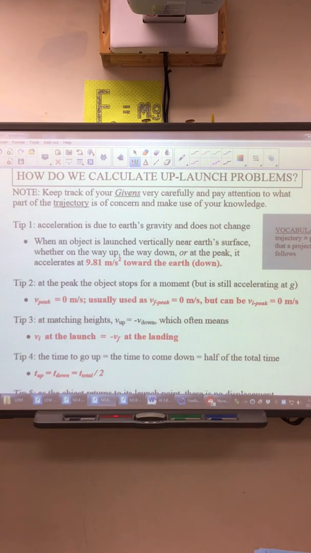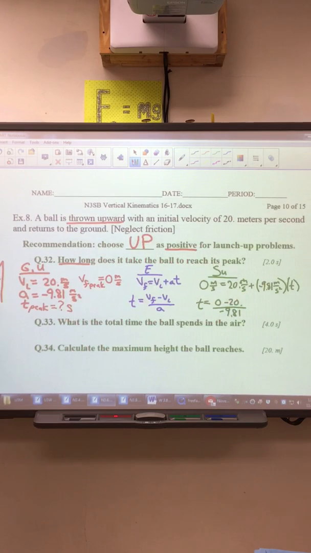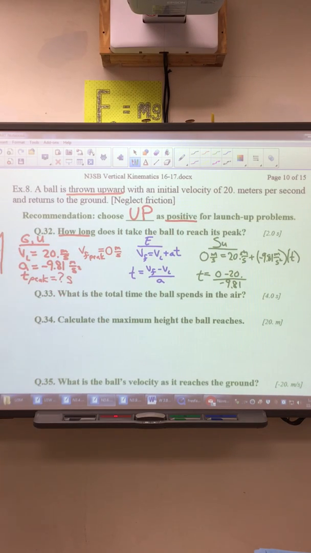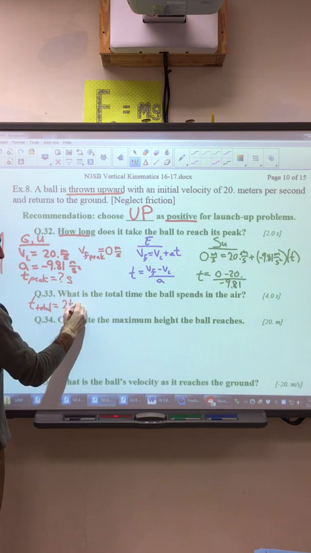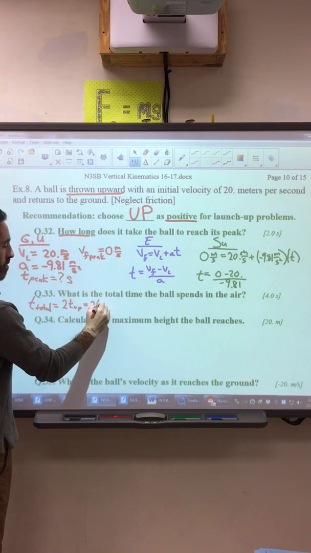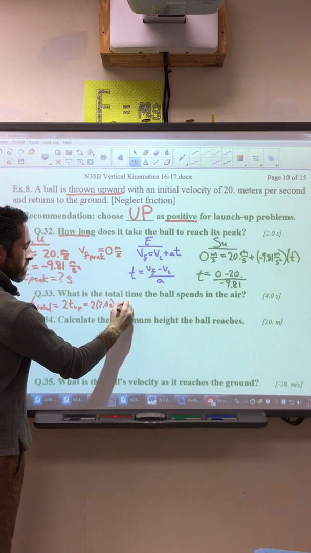The time up equals the time down. And so if the time up is 2 seconds, the time down is 2 seconds, the total time is simply 2 times the time up, which is 2 times 2 seconds, 4 seconds.